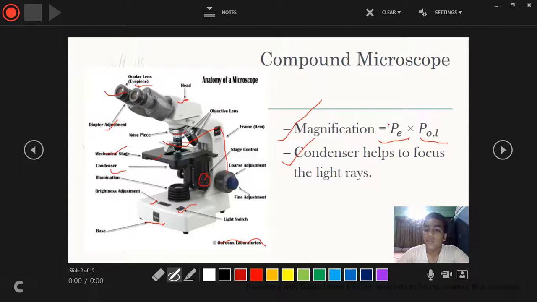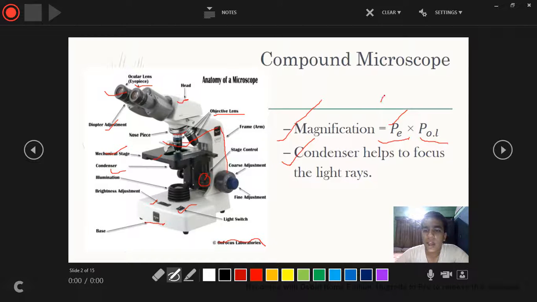PE is power of eyepiece. I talked about the eyepiece in this part. And OL means objective lens. So power of eyepiece into power of objective lens gives the total magnification. Okay.